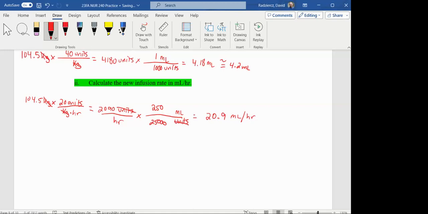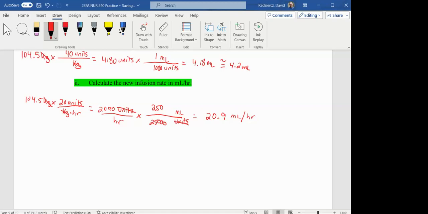And in reality, you might only be able to set the infusion pump to like 20 or 25. Just remember we're in the CCAC Allegheny campus math bubble. So we're just trying to make sure you can do the math, not necessarily what is clinically appropriate for some of these things.